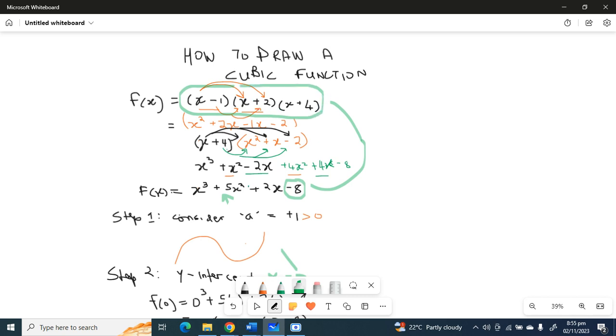So we expanded these 3 factors to get our cubic function, because with this type of question, you would want to be using the cubic function in its ordinary state. There is a need because the question is to sketch the graph. So here we're just getting all the important points on the graph so that we can make a sketch.